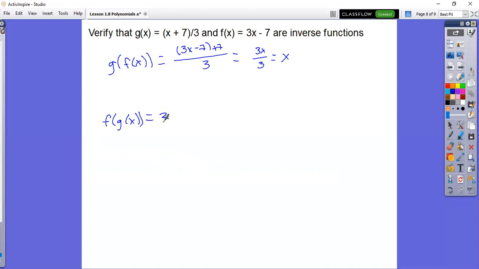So f of g of x would be 3 times (x plus 7) over 3, minus 7. If I distribute the 3 in here, 3 divided by 3 is 1, so I'm left with x plus 7 minus 7, which is equal to x. So both ways, f of g of x and g of f of x, we get just x as the composition.